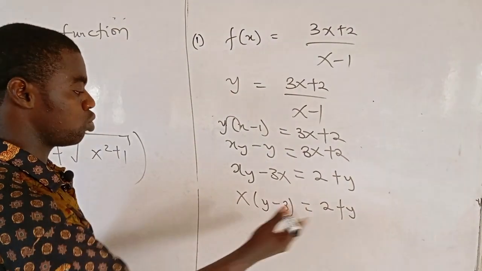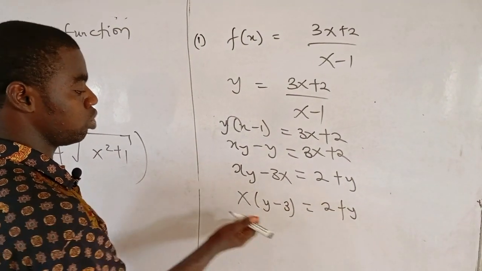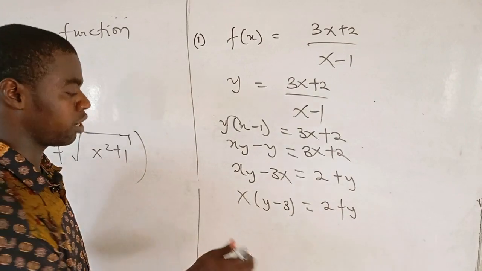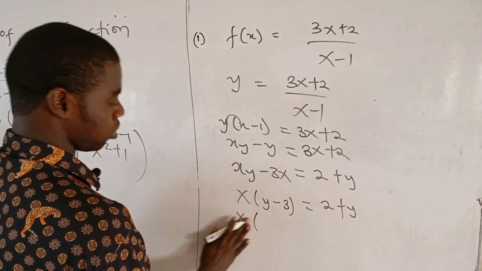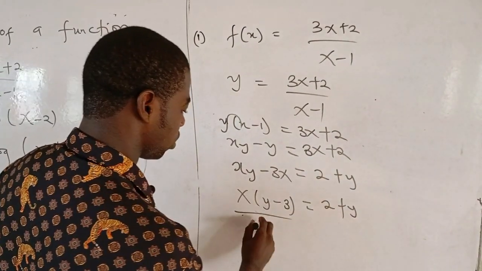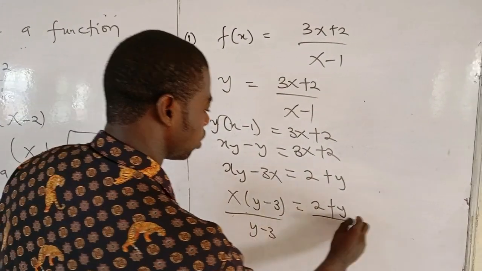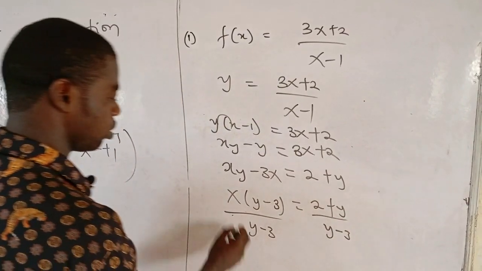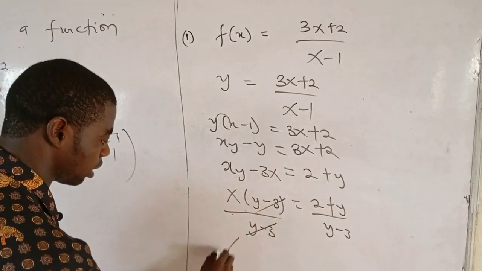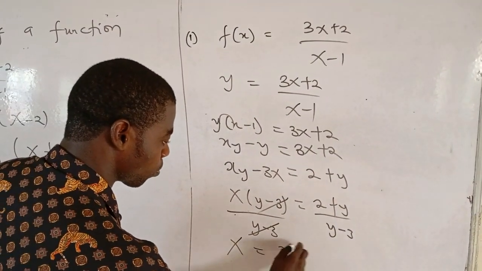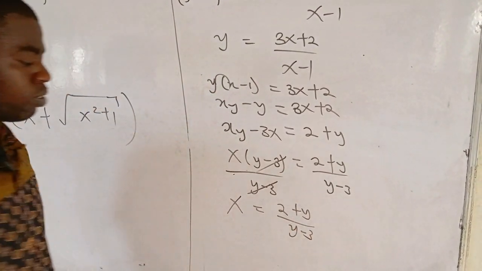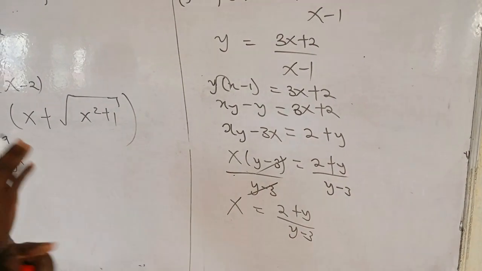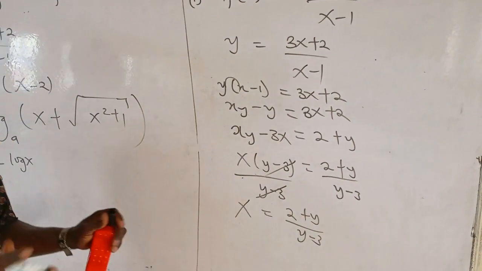At this point we can divide by y minus 3 to make x the subject of the formula. By doing so we have x equal to 2 plus y all over y minus 3, right? At this point what you need to do is just to interchange the variables.